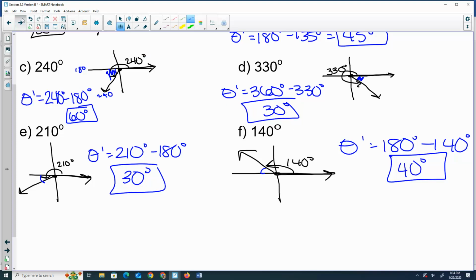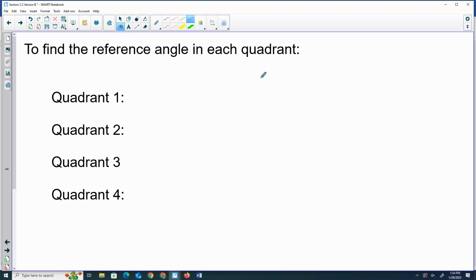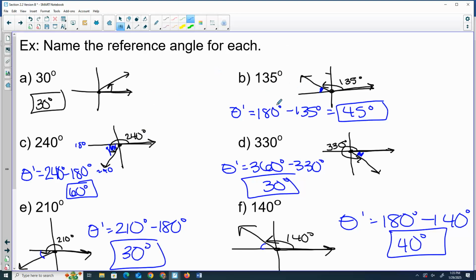And in fact, the rule depends on your quadrant. So in quadrant 1, your reference angle is your angle. You don't have to do anything. So if your number is already between 0 and 90, it doesn't change. In quadrant 2, so if we look back at our problems, to find the reference angle in quadrant 2, that's when we did 180 minus our angle.